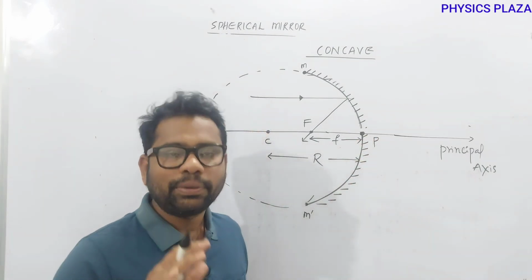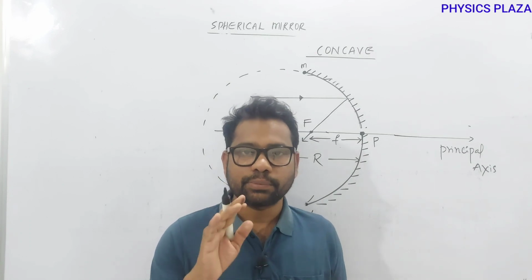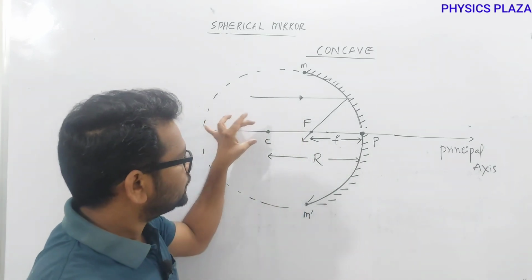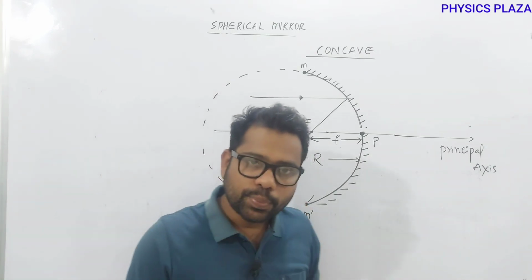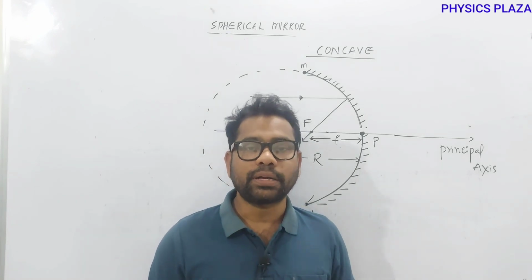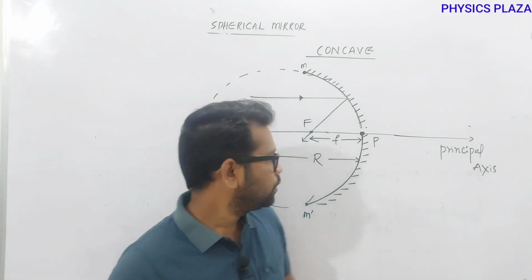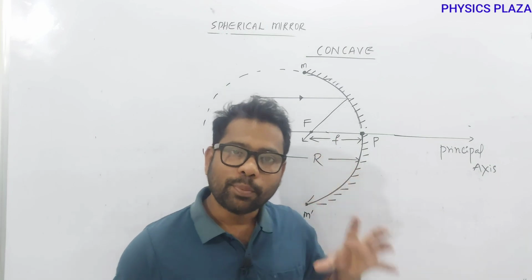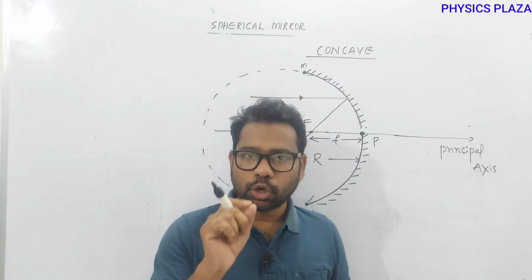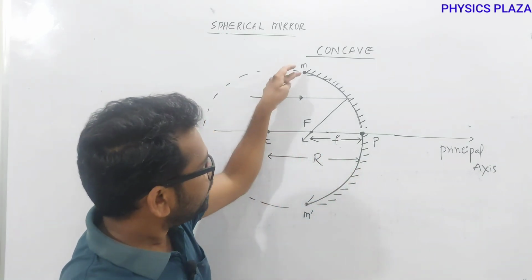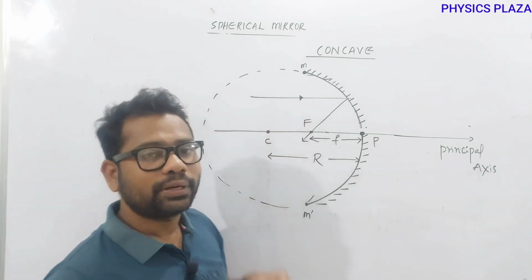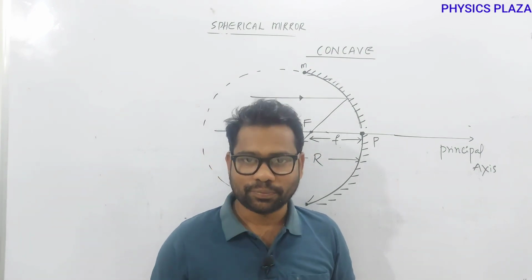Fine. Children, let me repeat once again. It's a very important examination point. The center of the glass hollow sphere of which the spherical mirror is a part is called the center of curvature. What is a pole? The geometric center of the spherical mirror is called the pole. And the effective diameter of the spherical mirror is called the aperture.